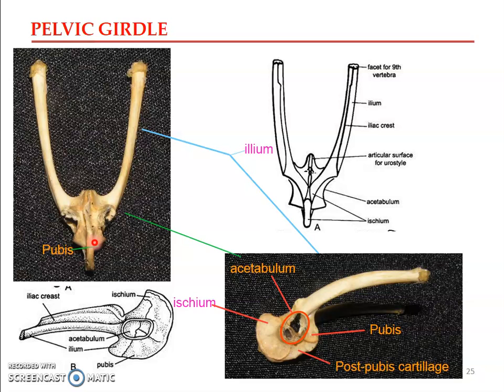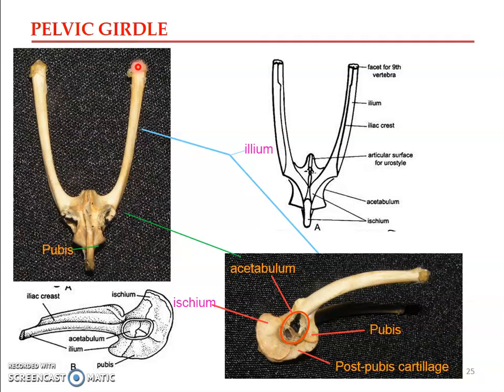Now the ilium is a greatly elongated part and forms a major part of the os innominatum. It runs forwards to meet the transverse process of the ninth vertebra. The ninth vertebra extends like this: here will be the centrum and the transverse process extending laterally, meeting the iliac region. I hope you remember the iliac.